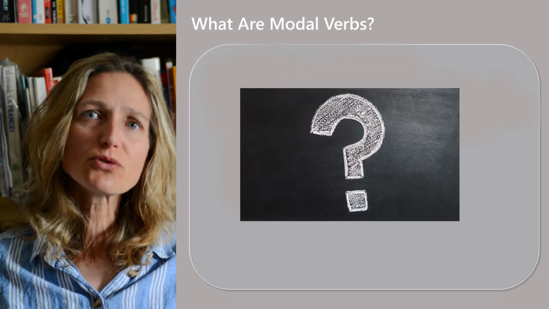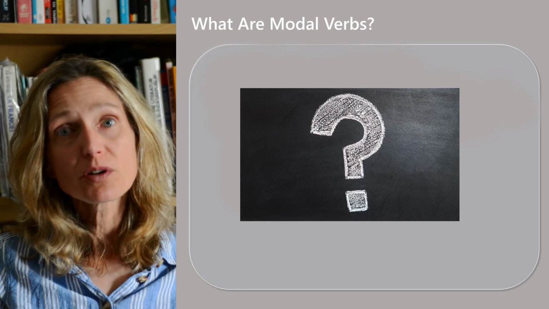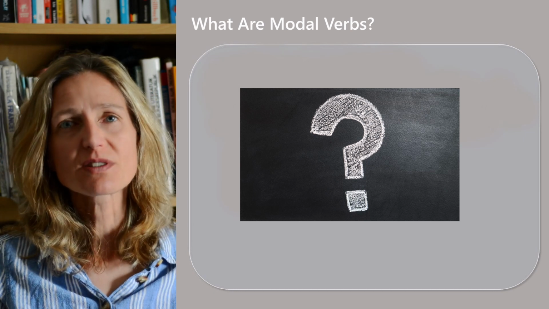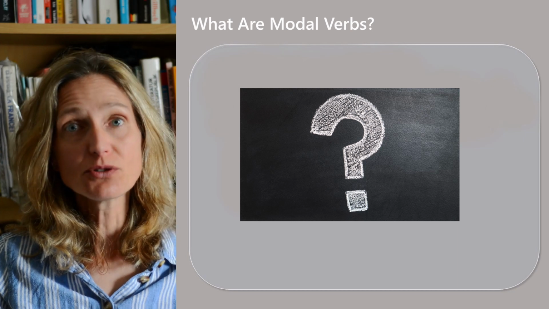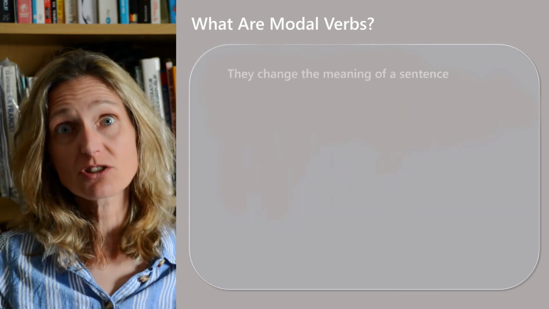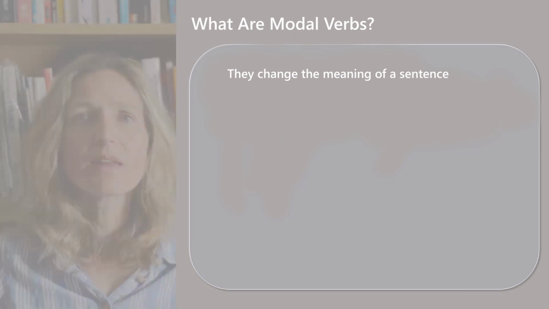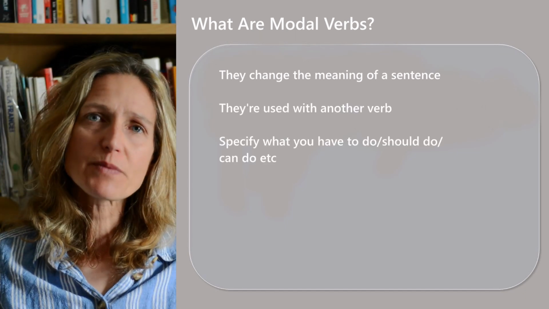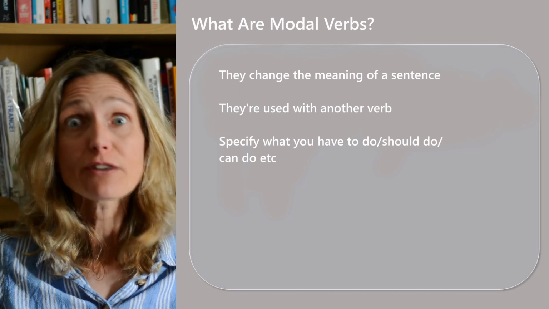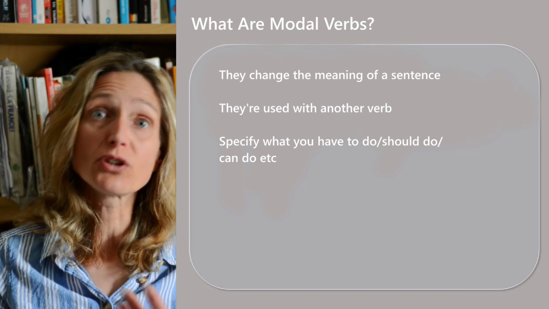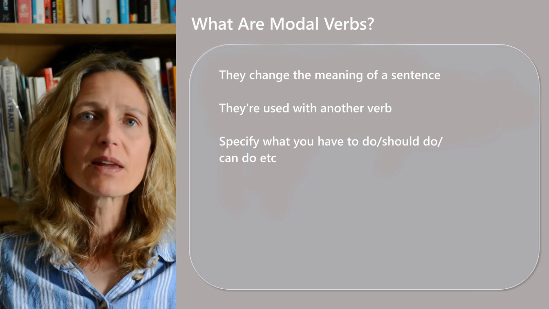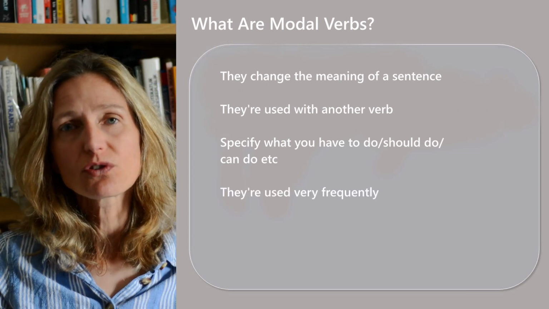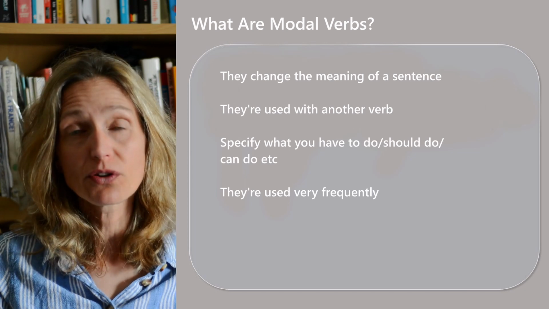So what are modal verbs and why should you learn them? Modal verbs are helping verbs, essentially, that are used in a sentence and they will change the meaning of a sentence. They're usually used with another verb and they specify, for example, what you have to do, what you should do, what you can do, etc. In German they're used very frequently, so it's important to learn them.